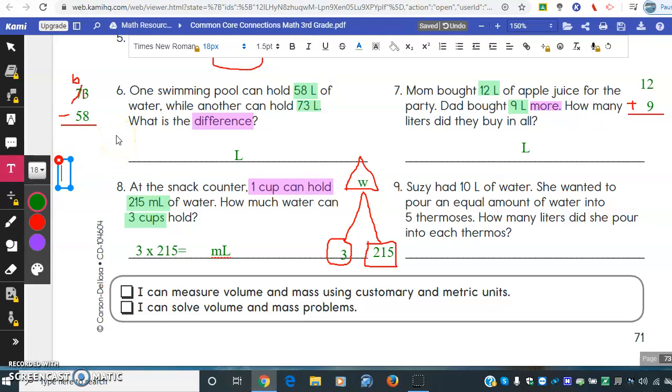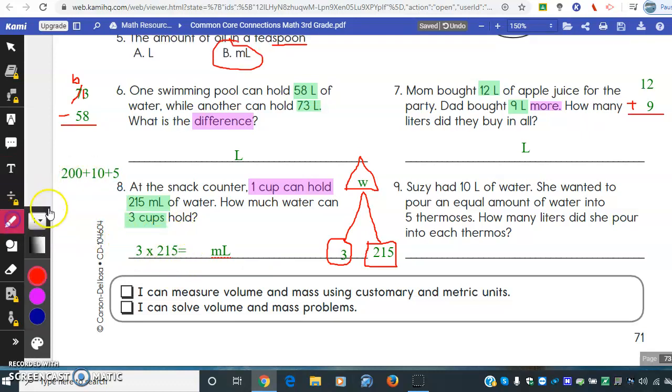The way I'm going to do this is I'm going to break up my 215 into 200 plus 10 plus 5. 200 plus 10 plus 5 is the expanded form of 215. And I'm going to take each of these and I'm going to multiply it times 3, like this. 200 times 3.